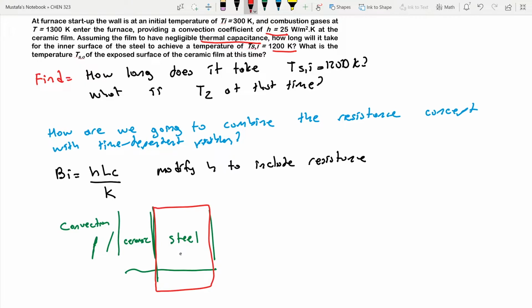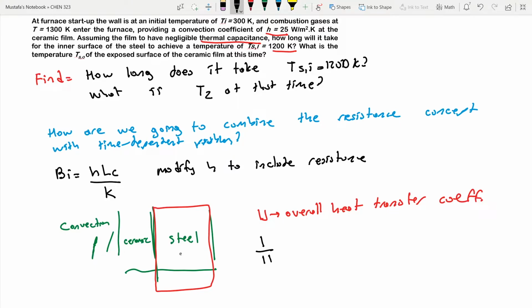So when we talk about the resistance concept, I introduced you to a variable called the overall heat transfer coefficient. In this case, we want to use this concept to be able to consider the effect of resistance.